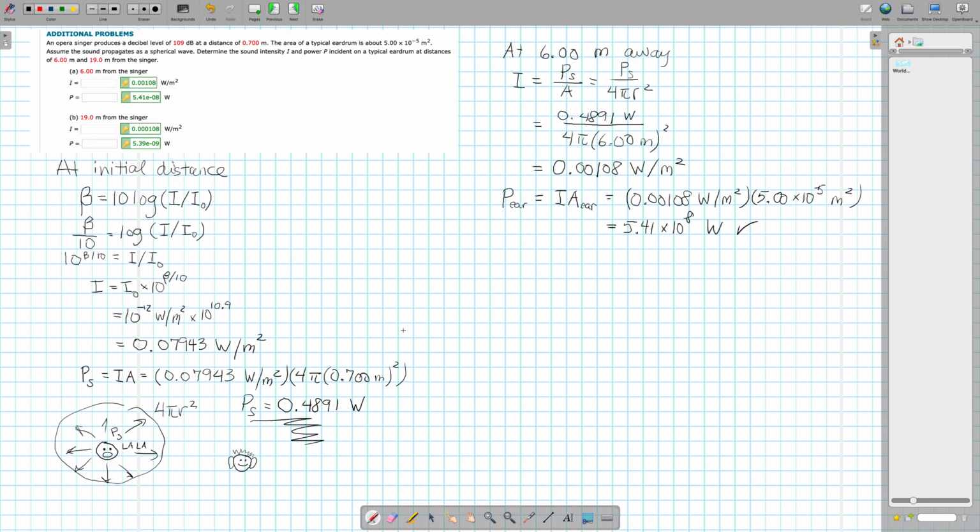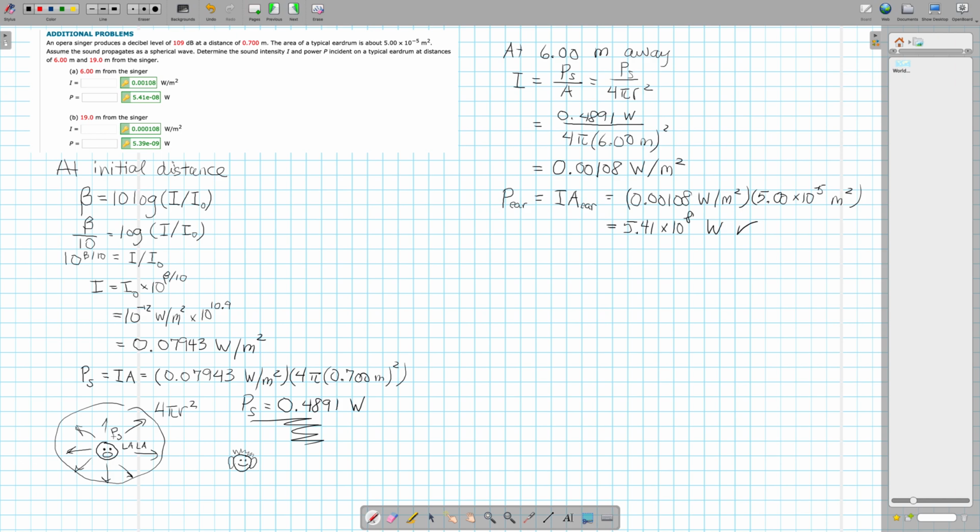So the moral of this problem is that when you have a sound source, like someone singing or a loudspeaker, they are outputting a certain amount of power. That power is spread out over possibly a spherical surface.